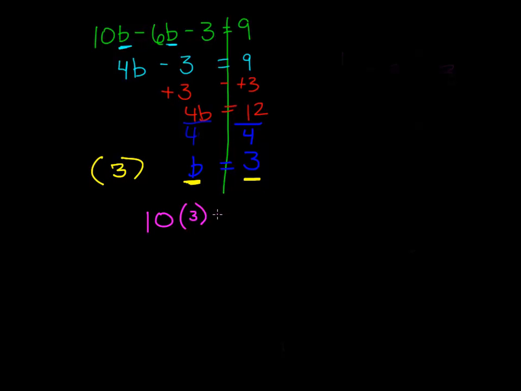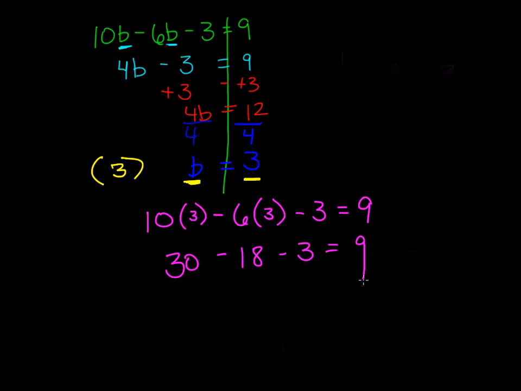It's a good habit to go ahead and get into it. Minus 6. There's another b. Parentheses 3 minus 3 equals 9. 10 times 3, 30, minus 6 times 3, 18, minus 3 equals 9.